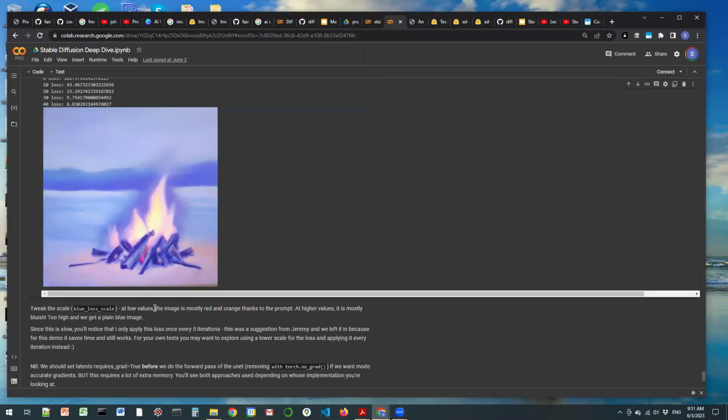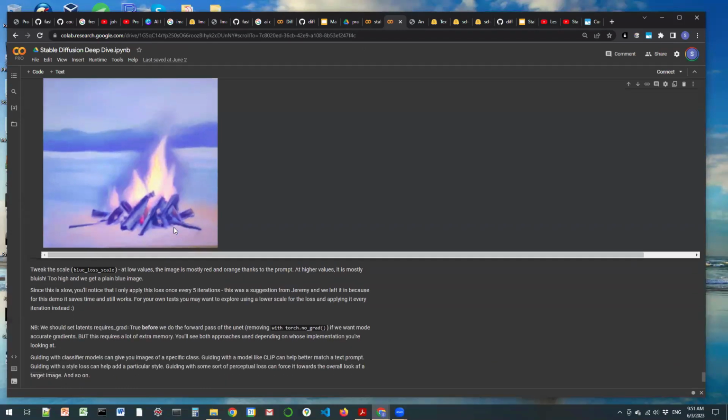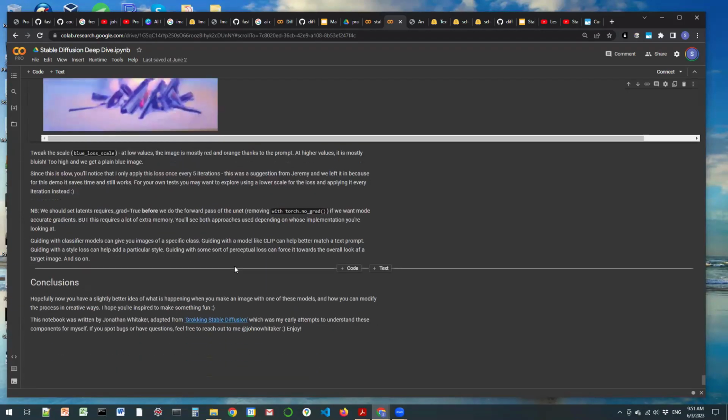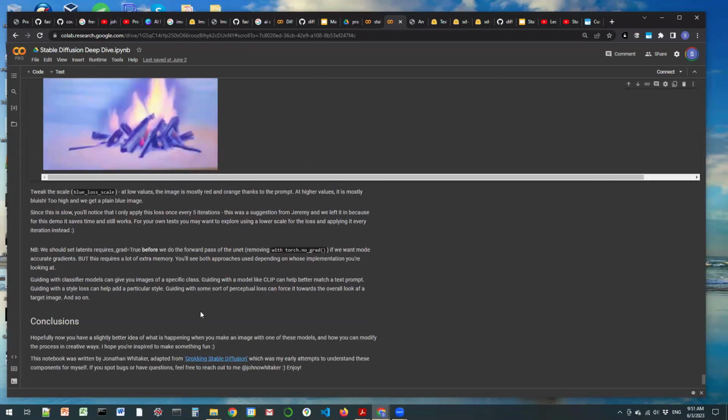At low values of the blue loss scale, you'll see mostly red and orange because that's what the original image is. But as you tweak the blue loss, you'll see that the image just retains the blue. So this notebook, I think, even more than Jeremy's notebook, gives you a much better idea of the various steps, the process, and the control knobs, at least at a high level, that you can play with.